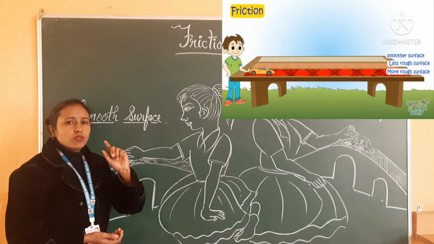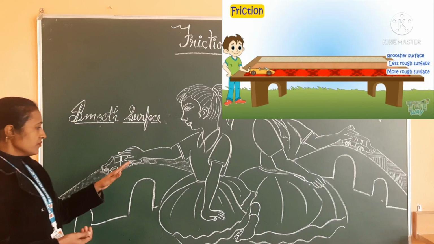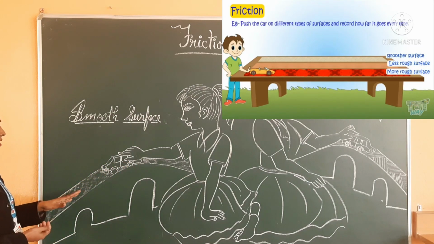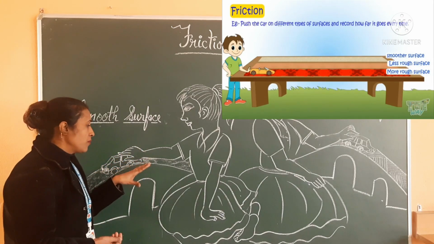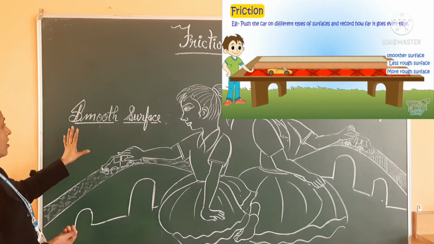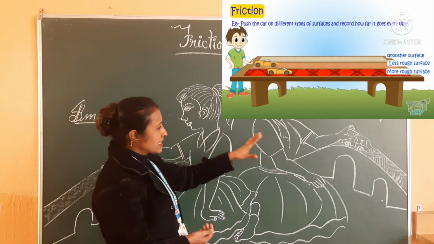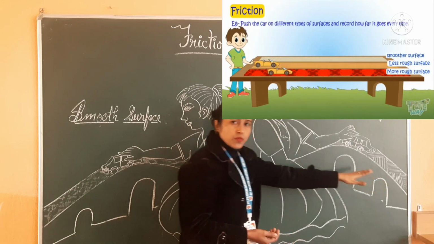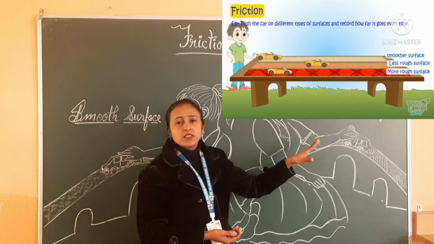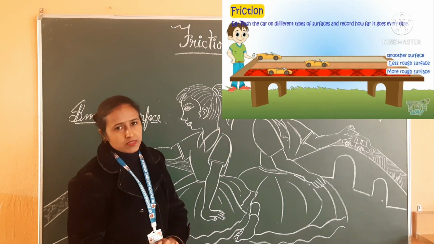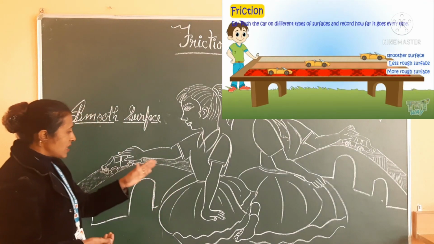The boys also move that car on a smooth surface, and the car moves very easily on the smooth surface. But that girl moves the car on a rough surface, which is also shown here. That boy moved the car on the rough surface, and that is quite problematic to move because of the surface.